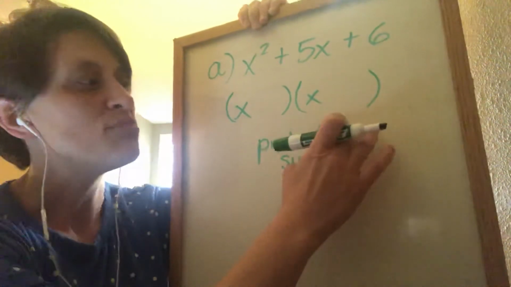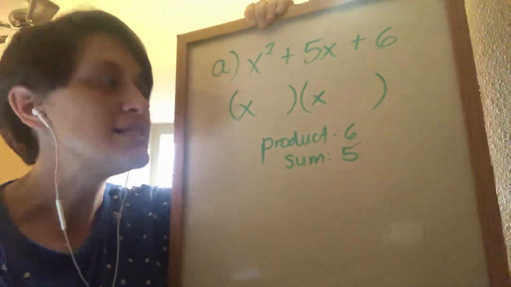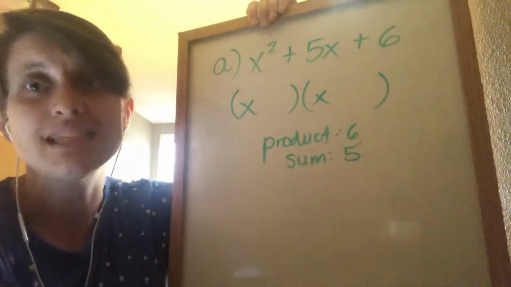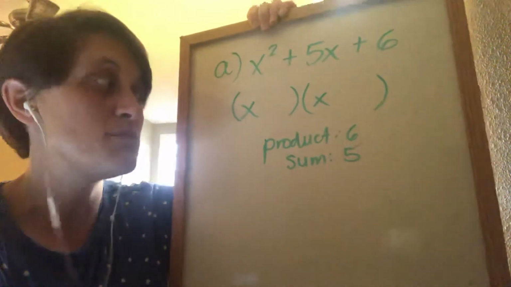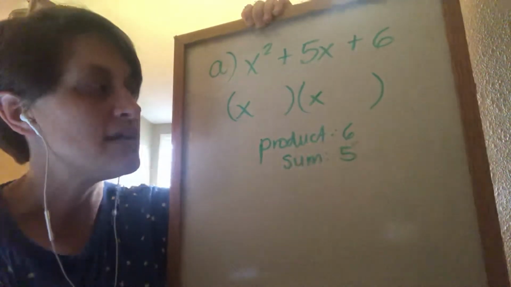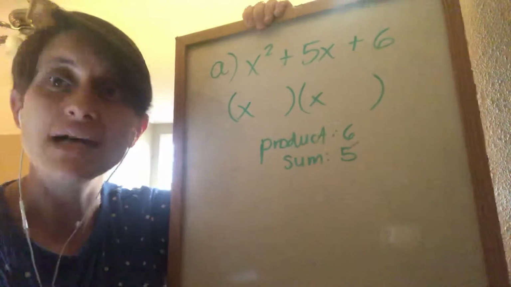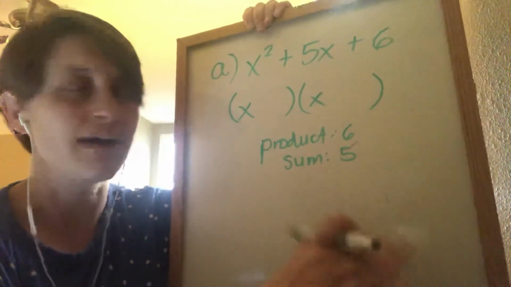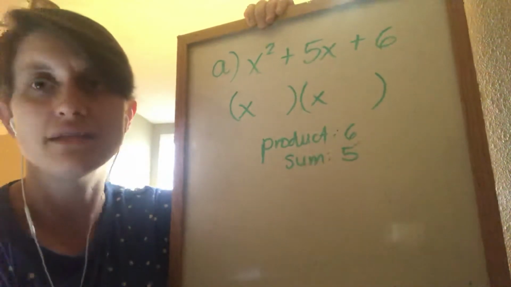The product is 6, which is positive, so the factors have to have the same sign. They either both have to be positive or both negative. But since our sum is positive, we're looking for two positive factors of 6. We're not even going to consider negative factors, since they'd never have a positive sum.